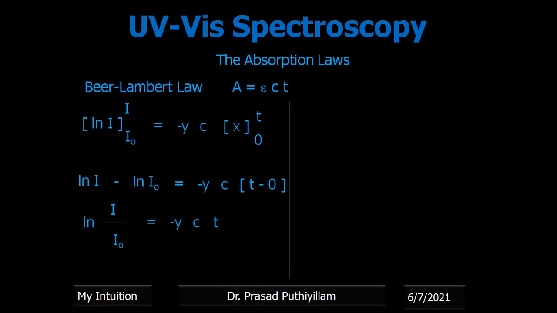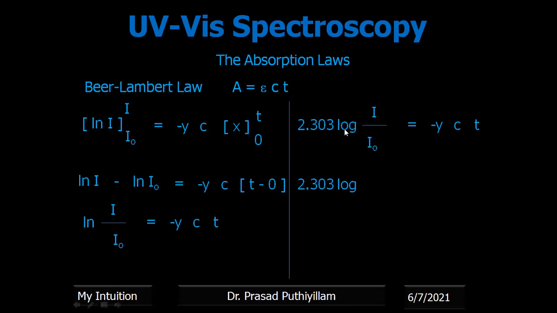Now, further continuation: the natural logarithm, that is logarithm to the base e, can be converted into logarithm to the base 10 by multiplying by 2.303. Therefore, 2.303 log I by I0 equals minus y into c into t. Now, doing the rearrangement, I'm taking this negative sign to the left hand side.